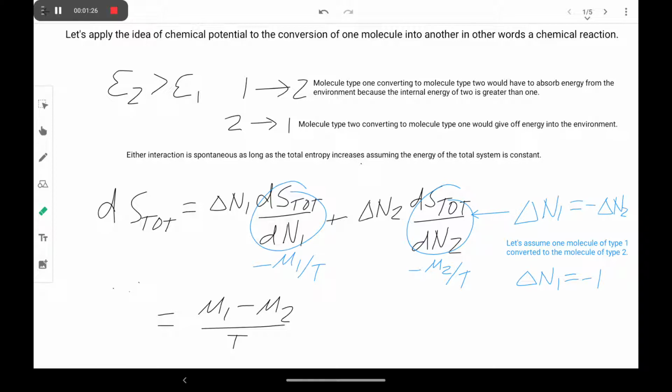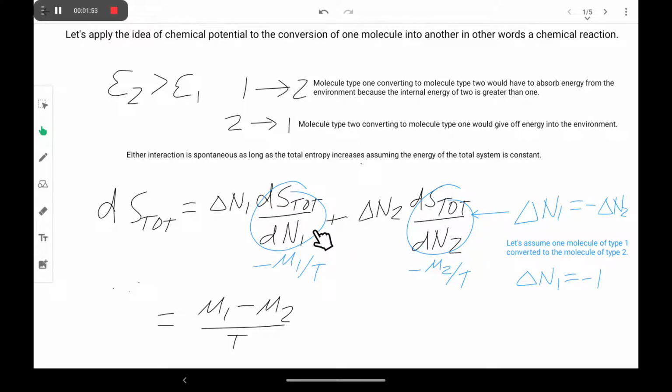So our thought is we want to find what the change in entropy would be right here. What is going to be the change in the total entropy of this combined system when we convert one molecule to another? So to do so, we need to say, okay, how would it change when we convert one molecule times how many of those molecules we make, which will be just one in this case? And then do the same thing for molecule 2.